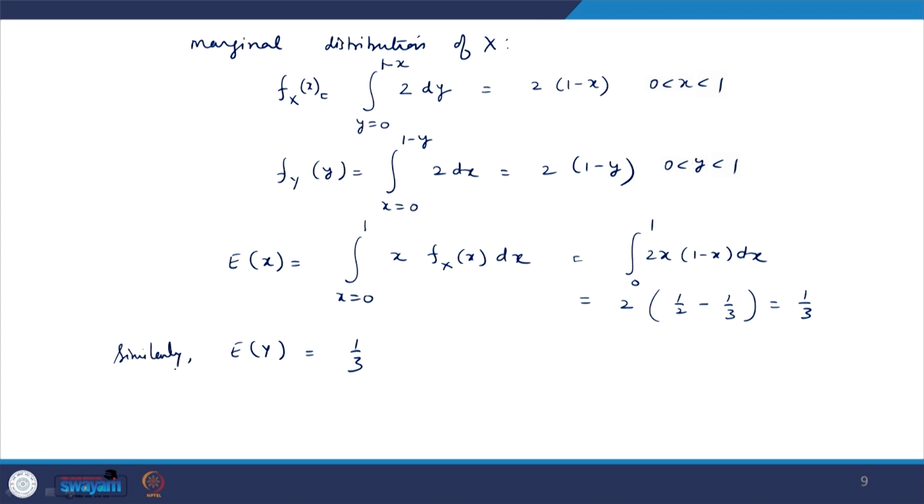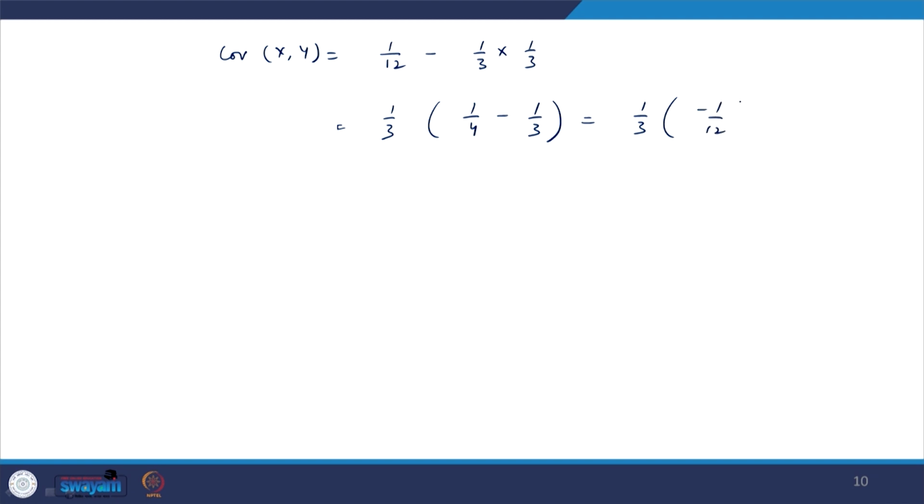So, what will be the covariance of x and y now? Covariance of x, y will be equal to expectation of xy, 1/12, which we have just computed, minus 1/3 into 1/3.